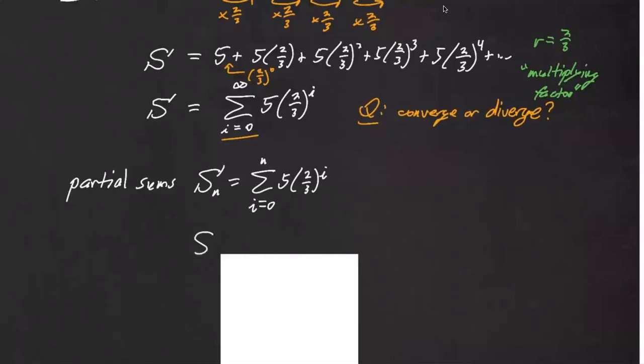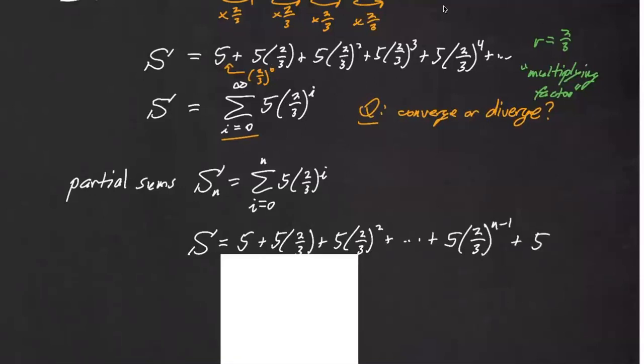If I want to write this out, it's 5 plus 5 times 2/3 plus 5 times 2/3 squared plus ... plus the second to last term, which would be the n minus 1 power. So that's the term before the nth power.